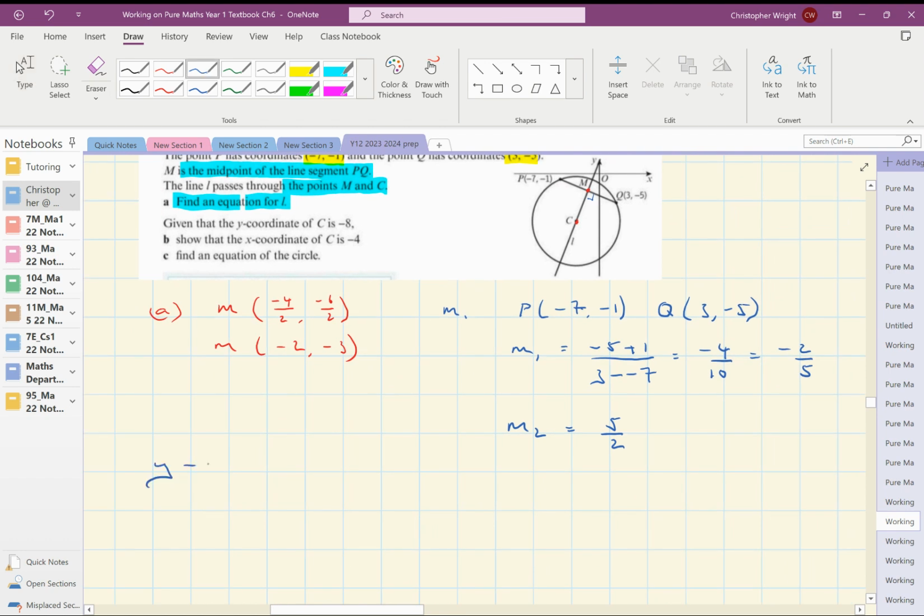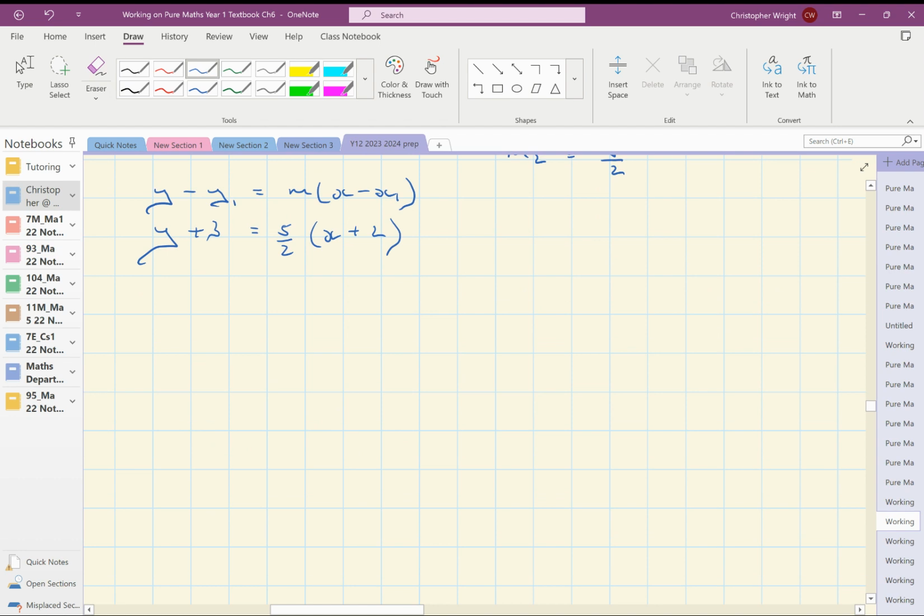It's going to be y minus y1 equals m(x minus x1). Now the point I'm using is this one here. It's going to be y plus 3 equals 5/2 (x plus 2).